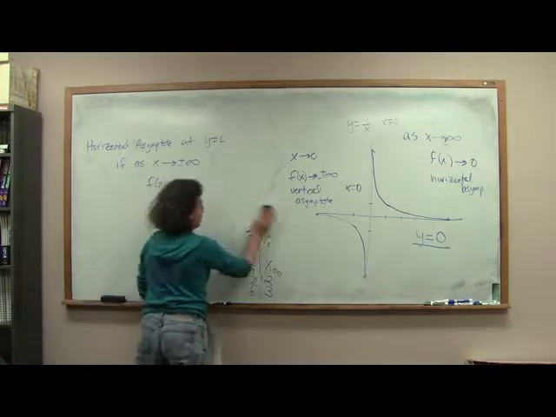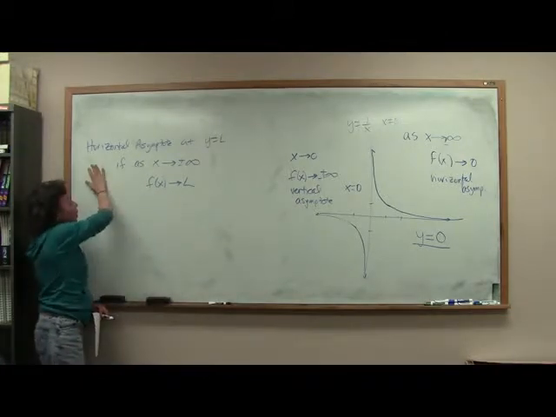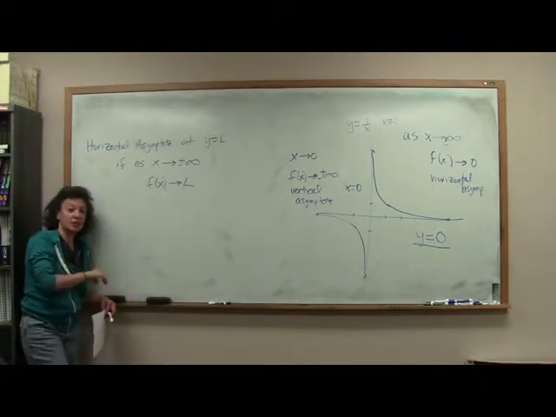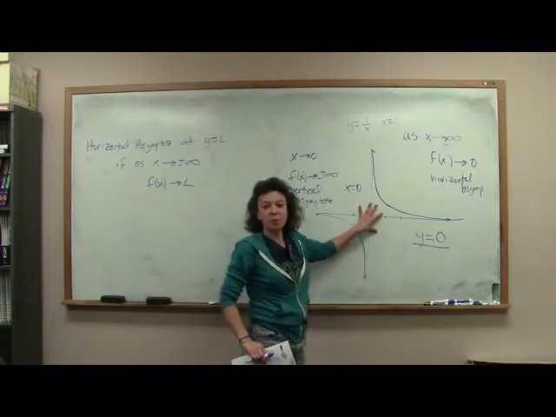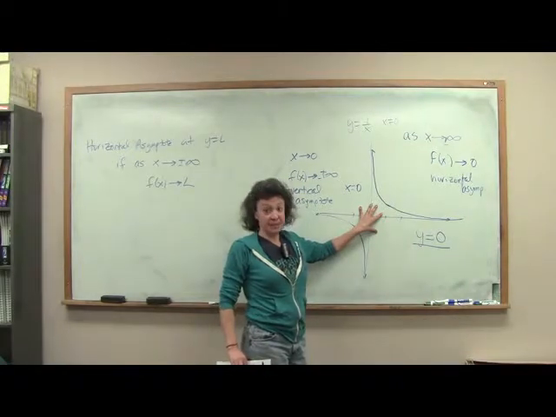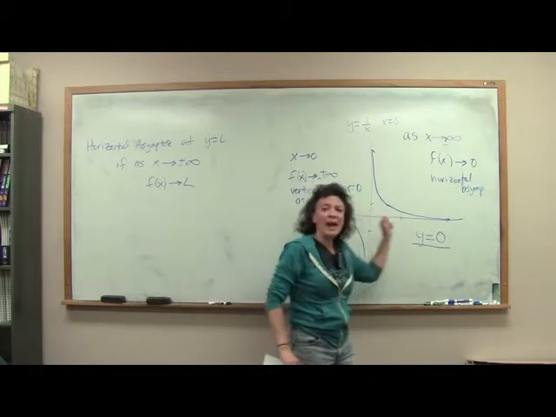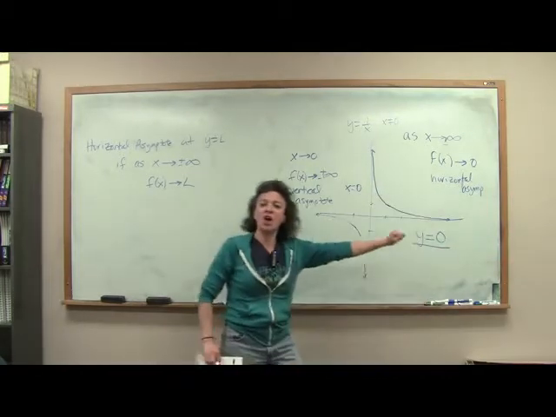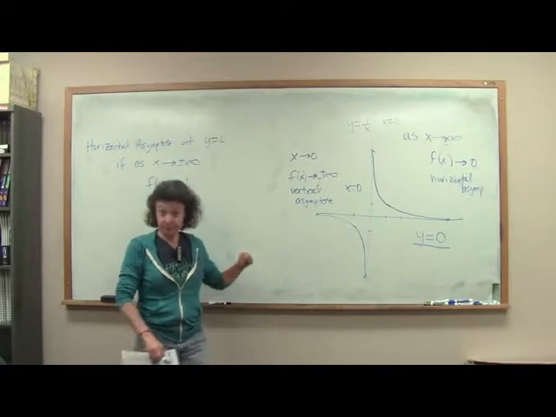Okay, so notice when we're talking about our horizontal asymptotes, we don't care what happens in this portion of our graph. When we're interested in the horizontal asymptote, we're asking what is the long-term behavior? What happens as x gets really large, or what happens as x gets really small?